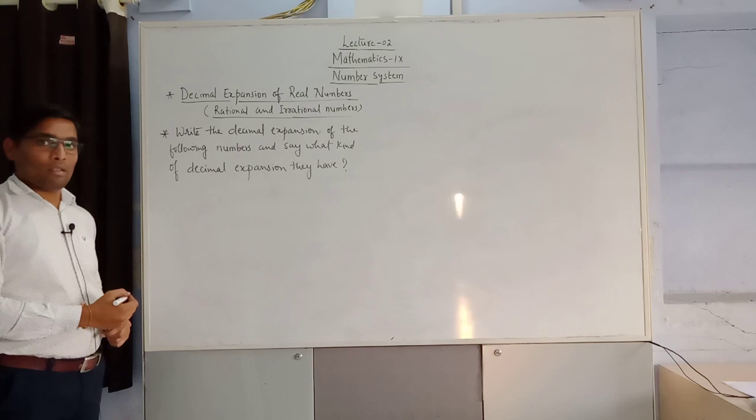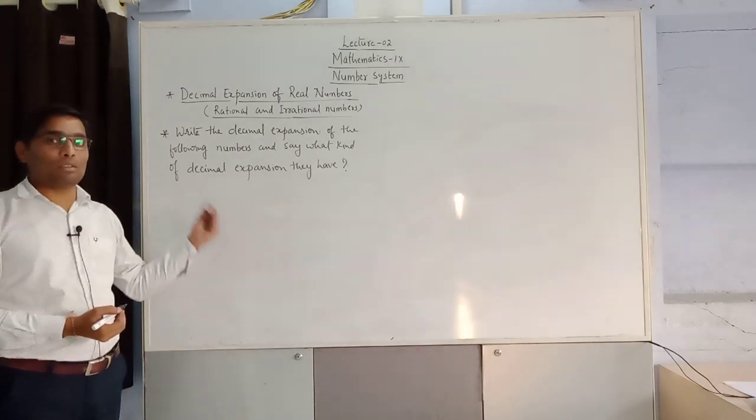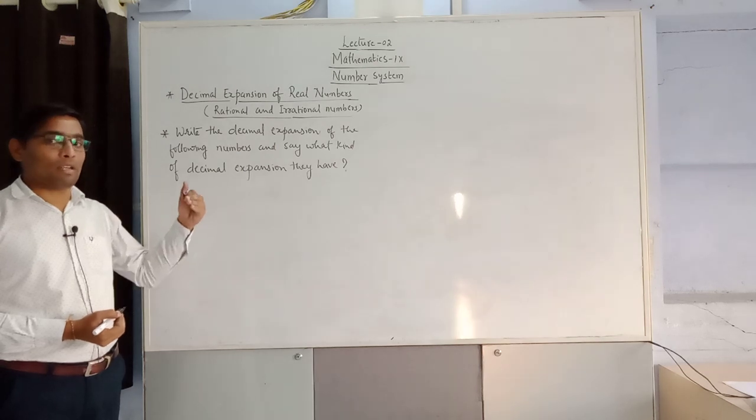This is a question. It means that the numbers will be given, you need to find out the decimal expansion and also you need to say what kind of decimal expansion they have.